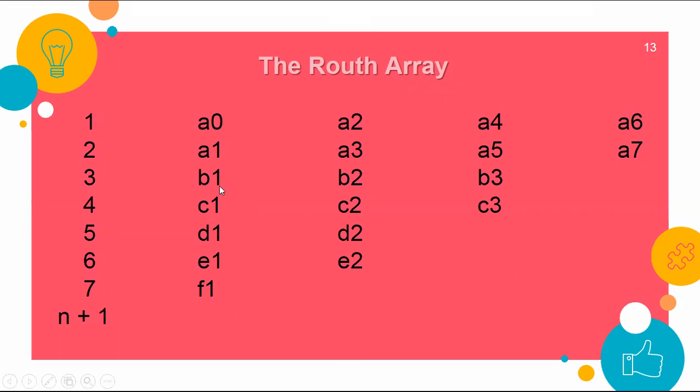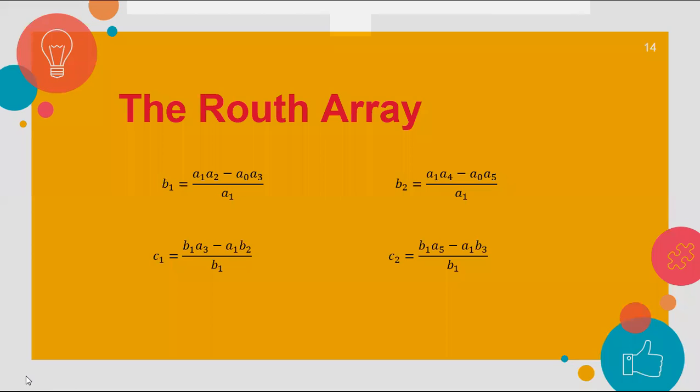If you have, for example, a polynomial which has only 3 terms, then there's no need for you to complete everything here. You stop here in B1. And what tells you whether your system is stable or not?